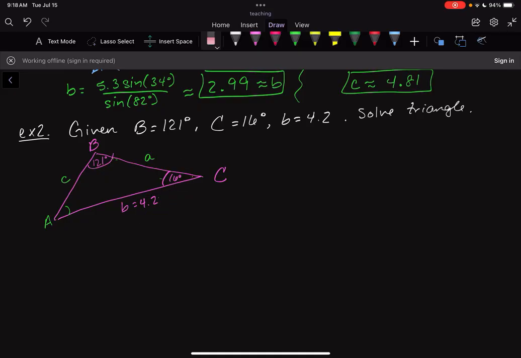You have some options about what you can do first. My personal preference, if ever I can find an angle right away, I usually do that. So to find A, I would do 180 minus 121 minus 16, and that gives me 43 degrees. So that is my angle A.